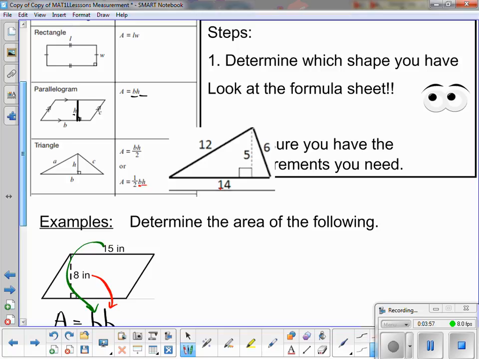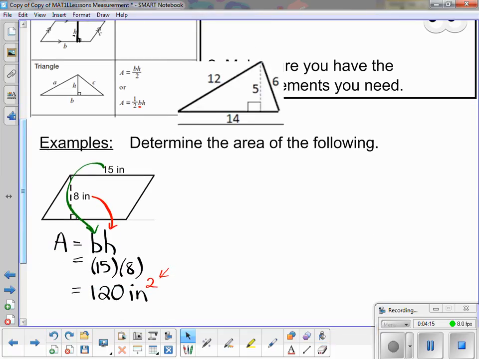Again, notice it's a perpendicular height, and you can see that right angle that tells me it's perpendicular. So now I'm going to take my triangle back to where I had it, after I get rid of all the writing that I did on top of it, and do the calculations.